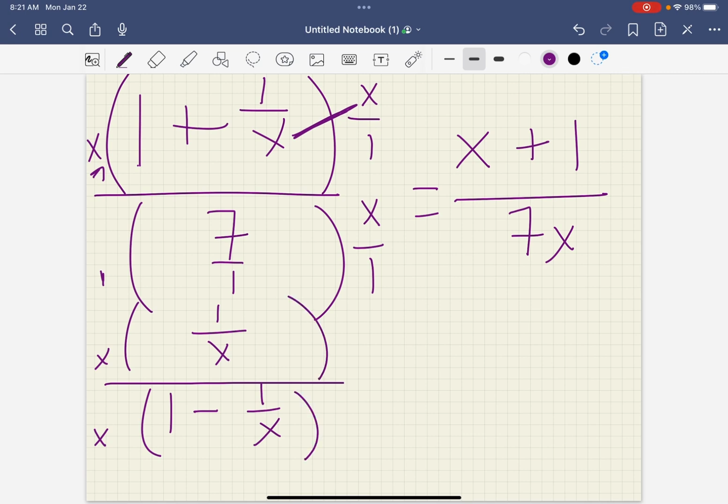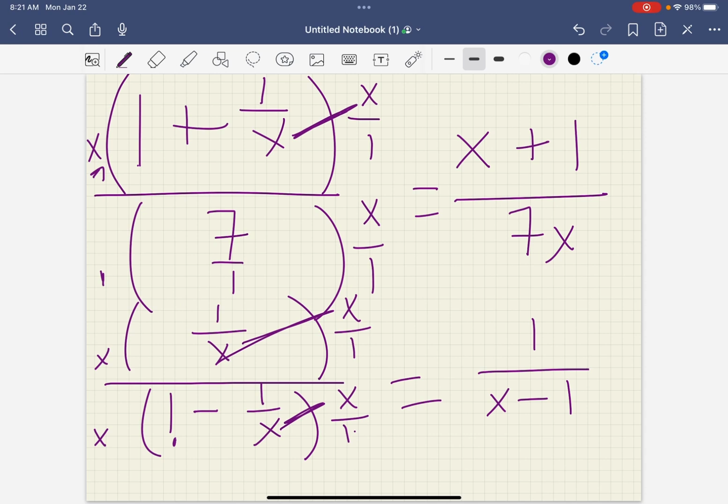So we're going to multiply by x over 1 and x over 1. So here in the numerator, the x's simply cross-cancel, and all we have left is 1. Okay? Down here, 1 times x over 1 is just x over 1, or x, minus here, the x's cancel, so we just have a 1.